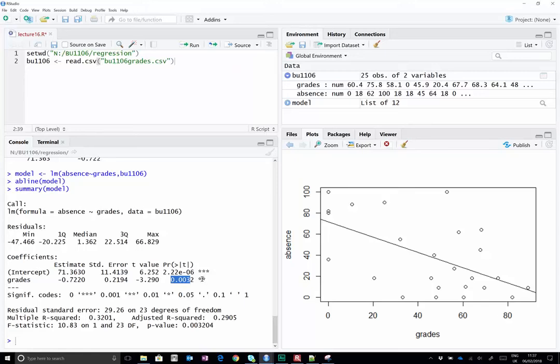And here we even get 2 stars because it's not only good enough at this 5% border, it's even better than that 1% border. Usually after we cross that 5% line, the next point where we get excited is 1%. And then the next point is 0.1%.